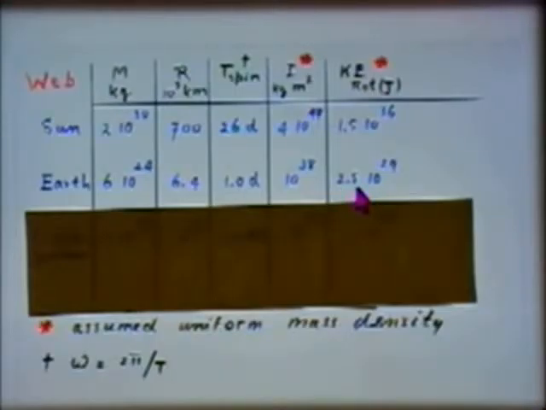Now look at the number for the Sun. 1.5 times 10 to the 36 joules. Our great-grandfathers must have been puzzled about where the solar energy came from, the heat and the light. And conceivably, it came from rotation. Maybe the Sun is spinning down, is slowing down, and maybe the energy that we get is nothing but rotational kinetic energy.